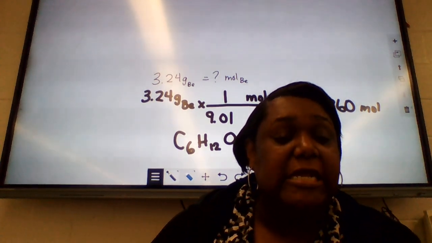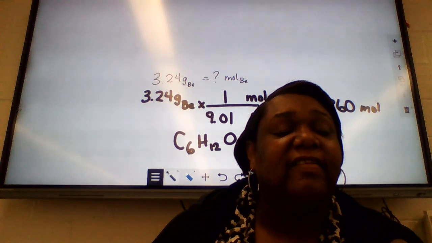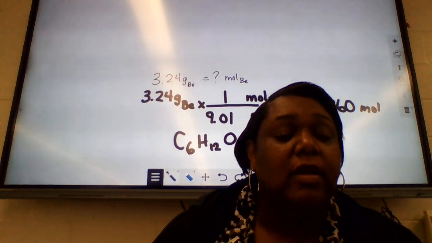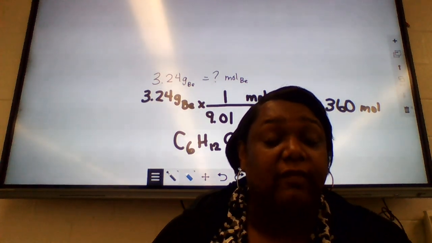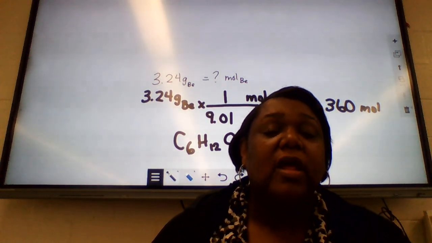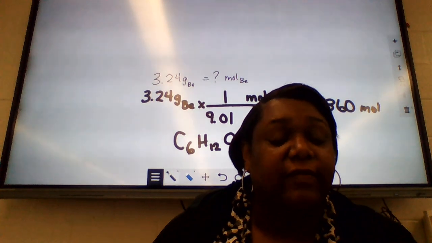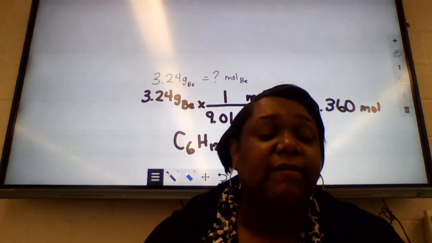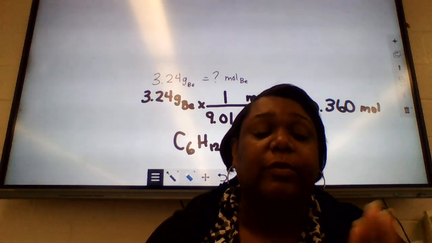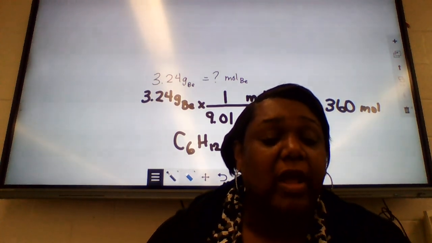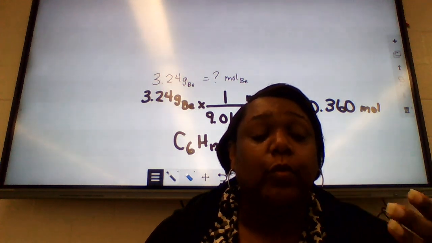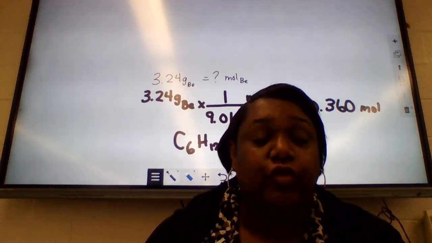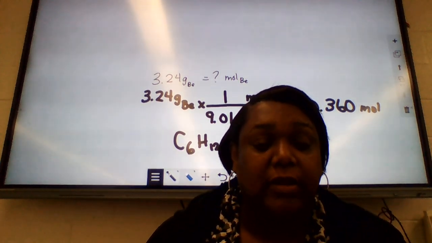The first thing is you read your problem and see if they gave you percents. And I usually use this little poem to help us with doing these conversions. The first line of the poem says percent to mass. So if they give me percents, then I change those percents to mass. How do I do that? Well, instead of the percent sign, I write a g, because we're assuming that we have 100 grams of whatever our sample is.